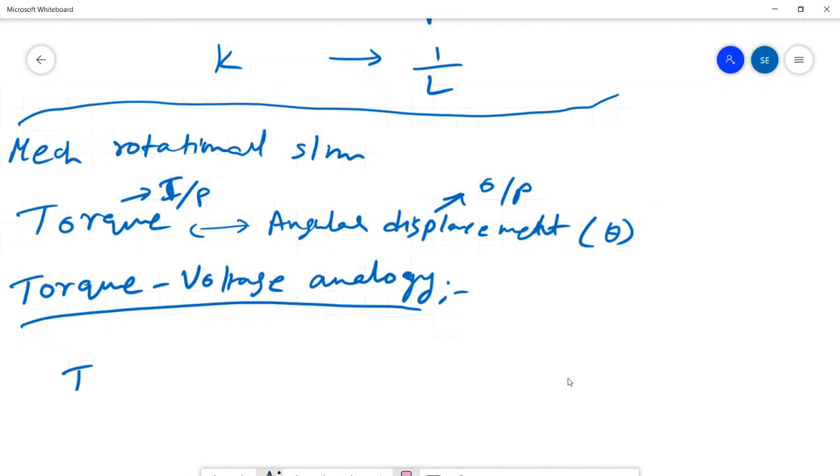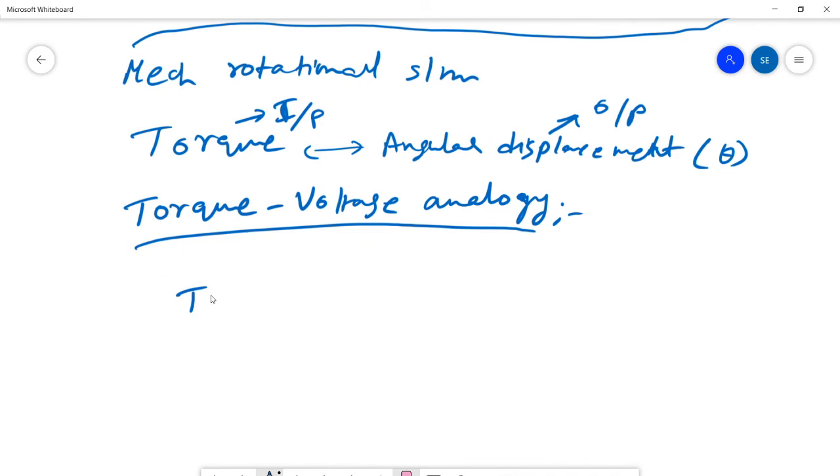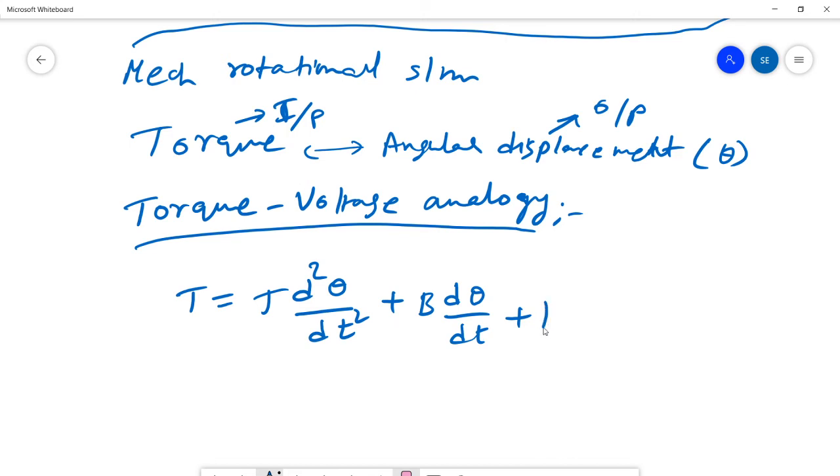Now for the torque voltage analogy, the equation we get is T is equal to J into d square theta by dt square plus b into d theta by dt plus k theta.